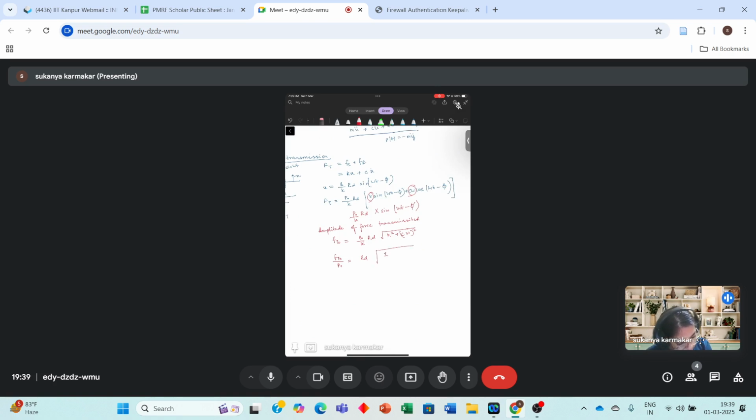So you will have under root of 1 plus c omega by k whole square, and this can be written as 2 zeta omega by omega n whole square. So this is the expression for Rd, and this is the expression for the amplitude of the force transmitted.